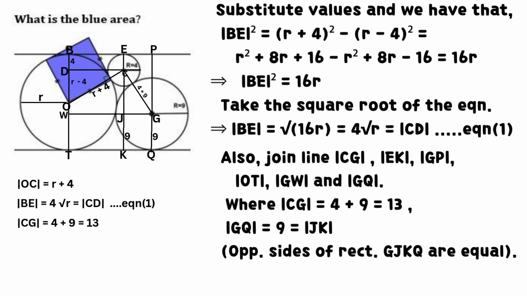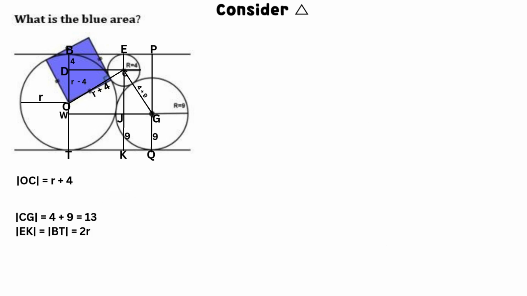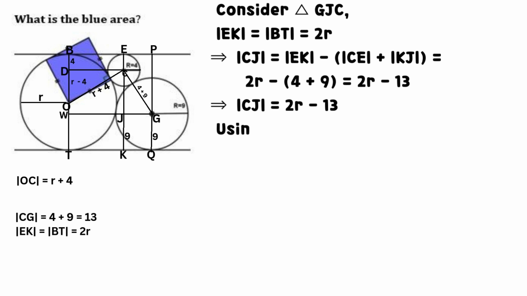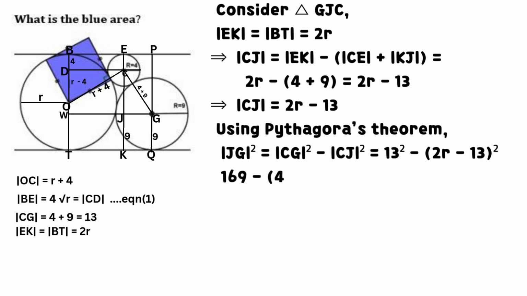It is because opposite side lengths of rectangle JKQ are equal. Consider triangle GJC. Line EK equals line BT, which equals 2 times R. This implies that line CJ equals 2 times R minus 13, after simplification of substituted values.